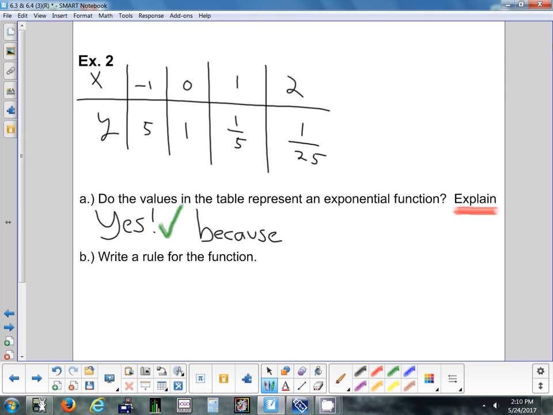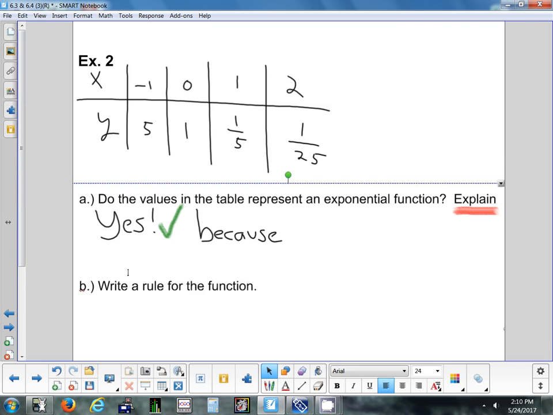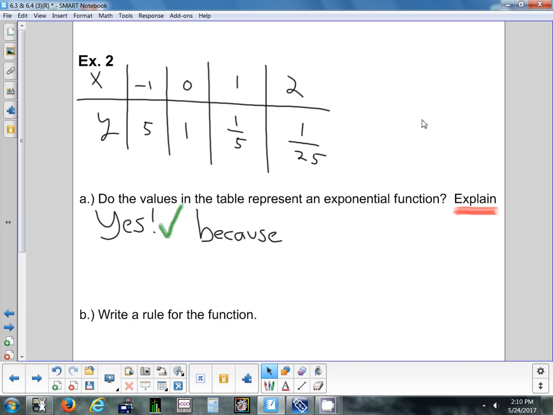What should we be looking at to see if it's an exponential function? Exactly. Yes, because the y values are being what? What operation, guys?